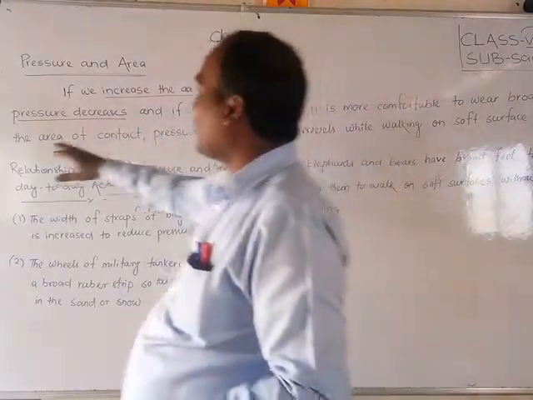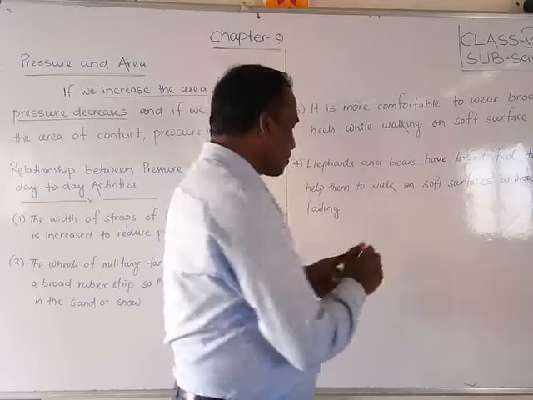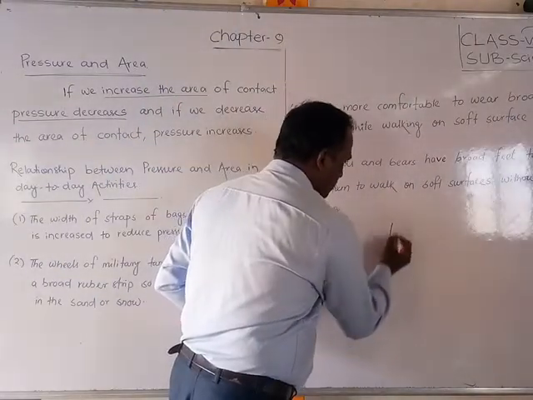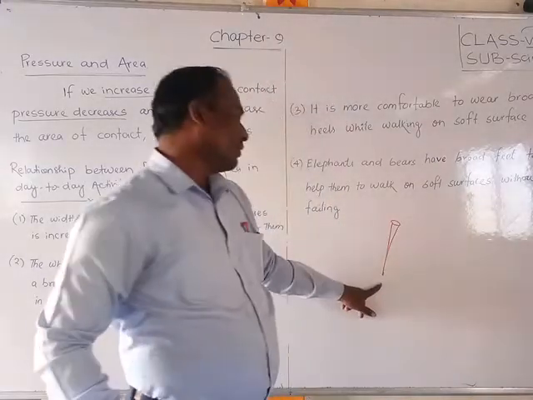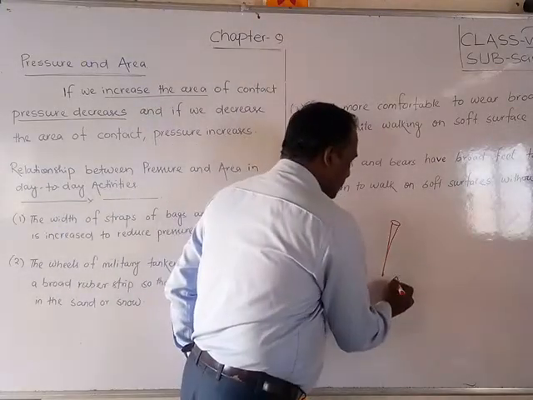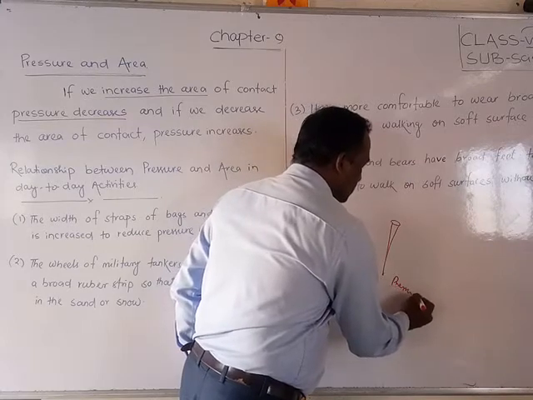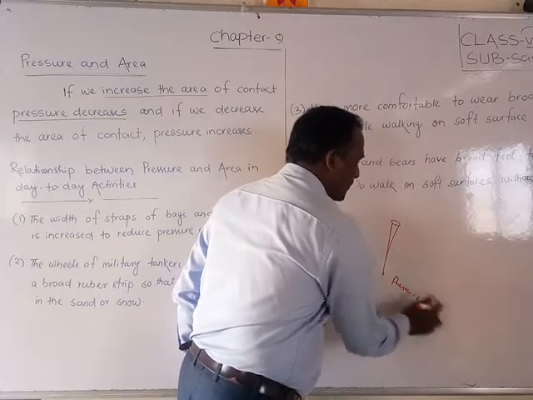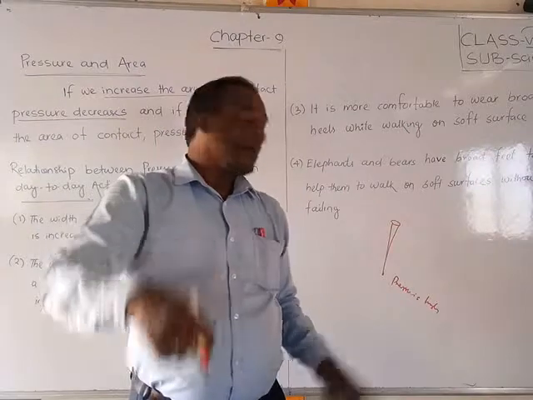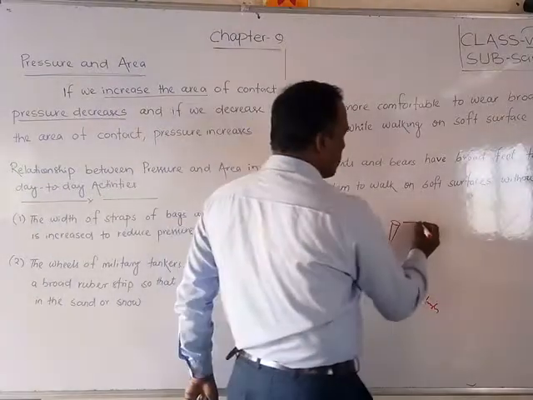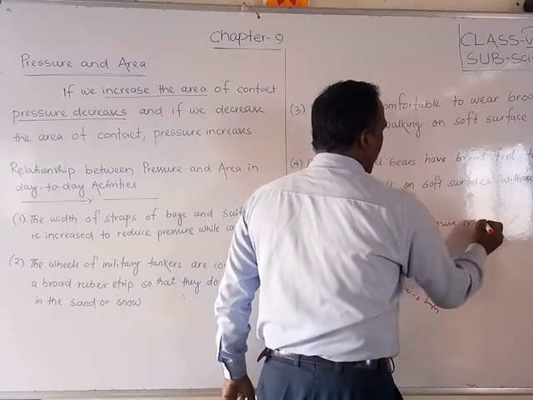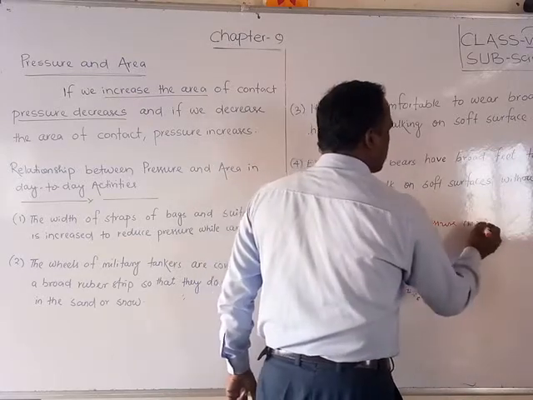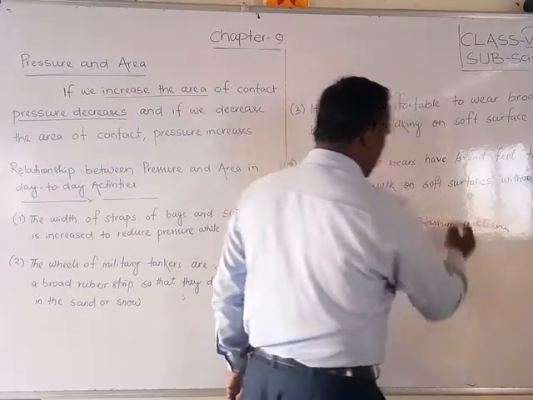If we decrease the area of contact, suppose the nail, if this area is very small, the pressure is high, the pressure is greater. But if you reverse it, the pressure is low, which means the pressure decreases.